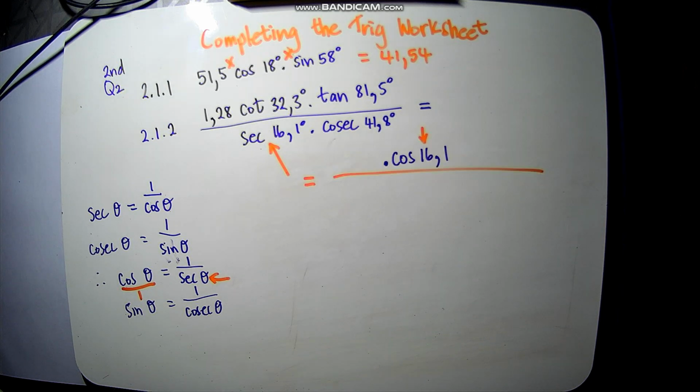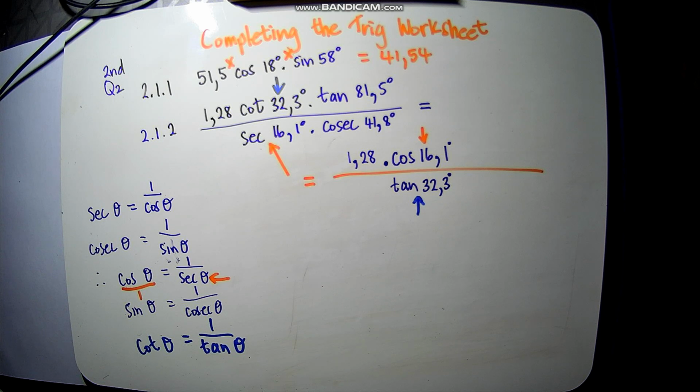I moved it to the numerator. In front of it was 1,28. In the numerator we have cotan cot 32,3. Notice that is a reciprocal. This means we can move that to the denominator, but cot will change to tan.